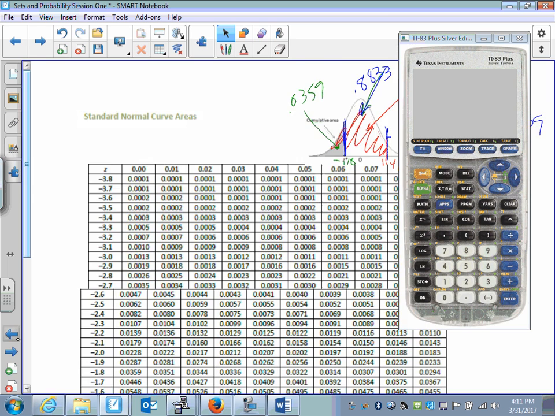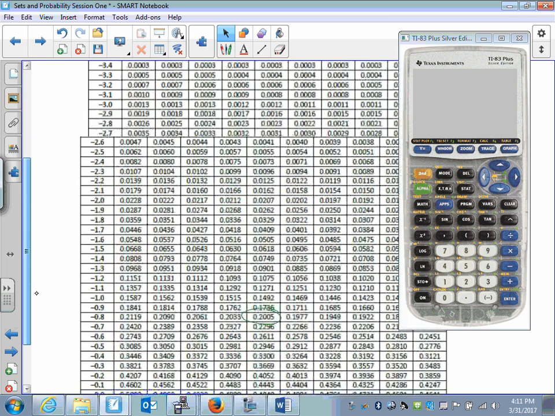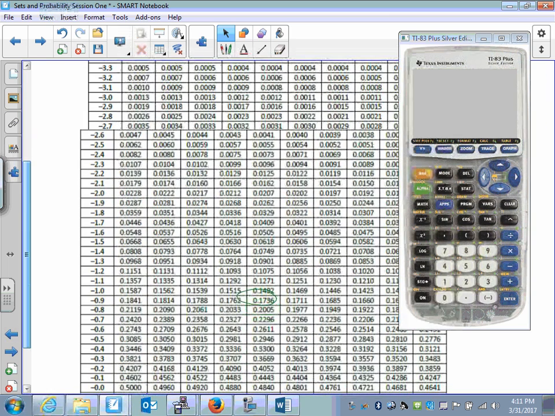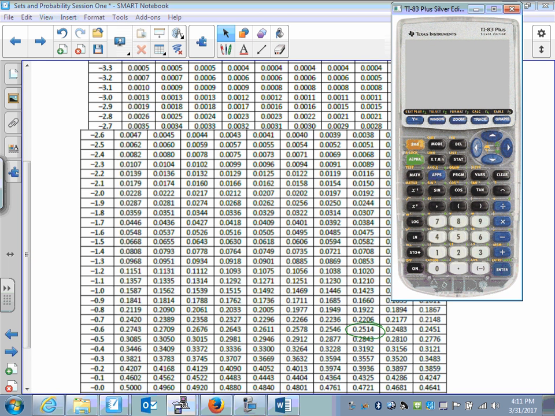And that's going to be here. We find 0.25. Actually, we were pretty close: 0.2514 and 0.2483. Now this is 14 above, that's 17 below, so we'll just pick this one for right now.